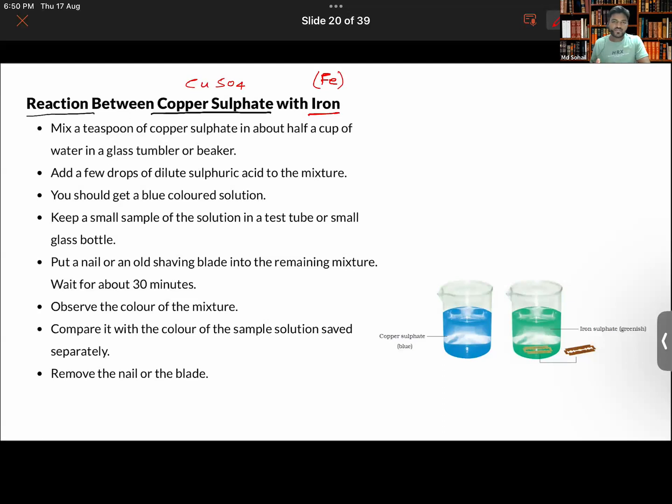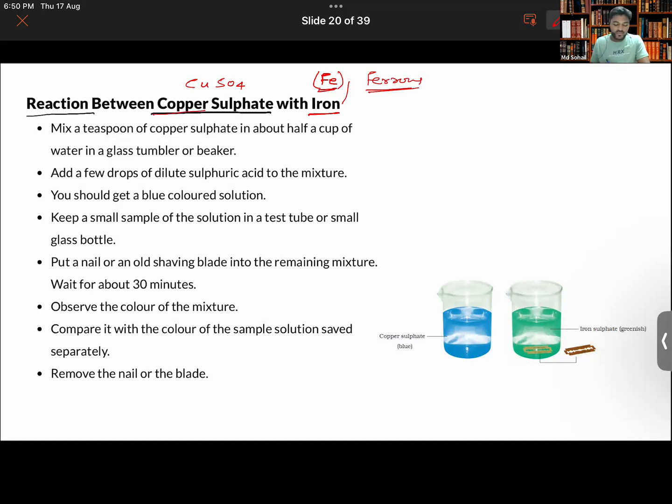In your class 9th and 10th, you will get to know that metals or elements have got their Latin names as well, derived from different origins. Iron's Latin name is ferrum, so in short we call it Fe.